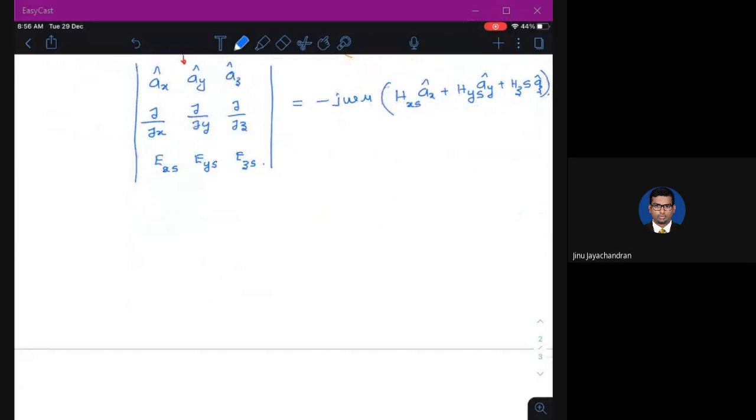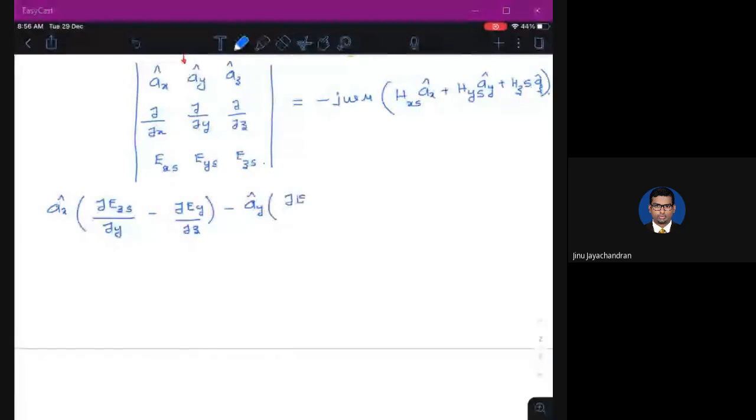So I can expand the left hand side as ax cap multiplied by dou EZS by dou y minus dou EYS by dou z, minus ay cap into dou EZS by dou x minus dou EXS by dou z, plus az cap into dou EYS by dou x minus dou EXS by dou y.